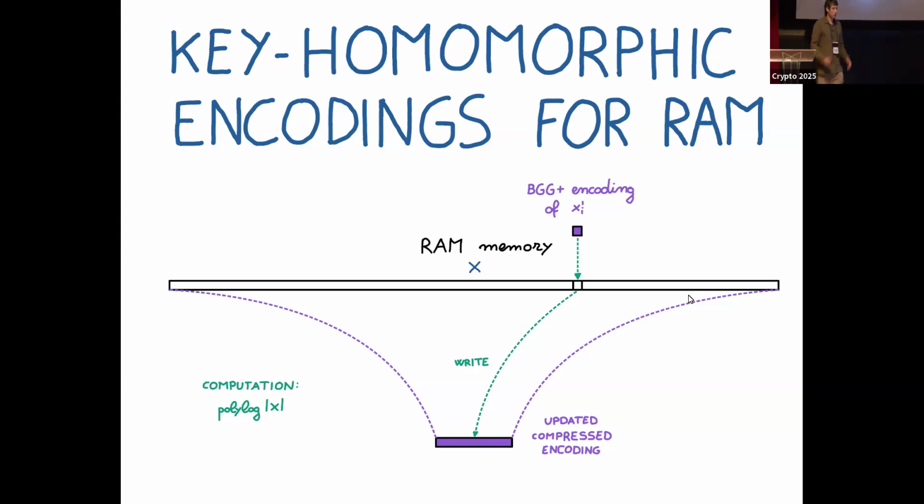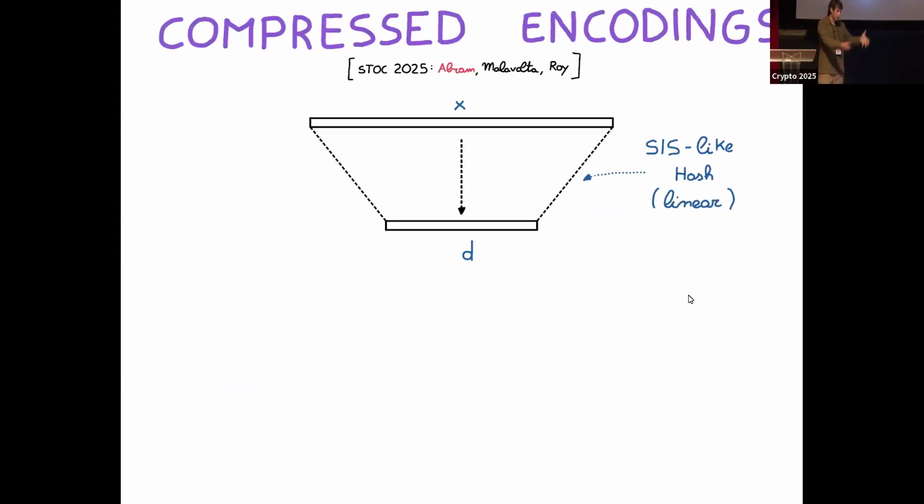The key tool to build these compressed encodings is a trick we published at STOC this year. If you want to understand the math underlying this construction, I really recommend you check that paper. That is where the magic happens, let's say.